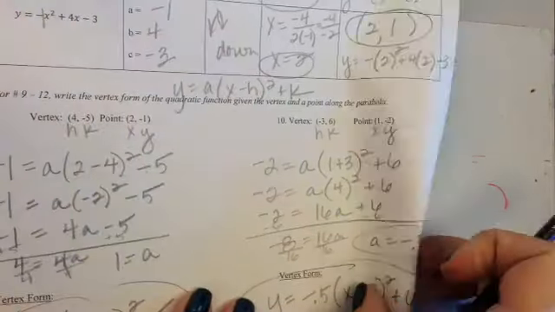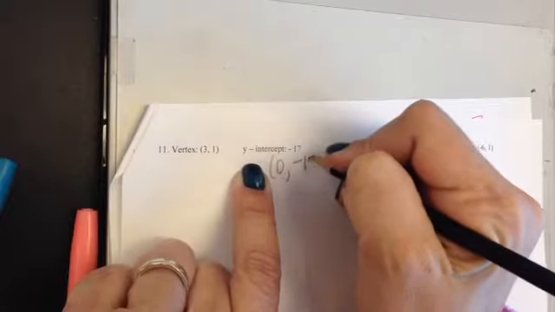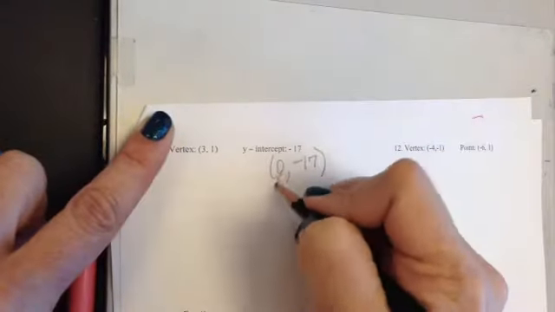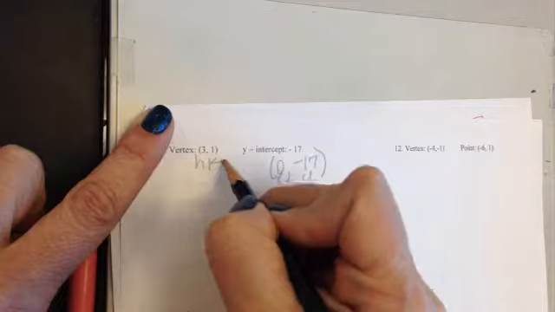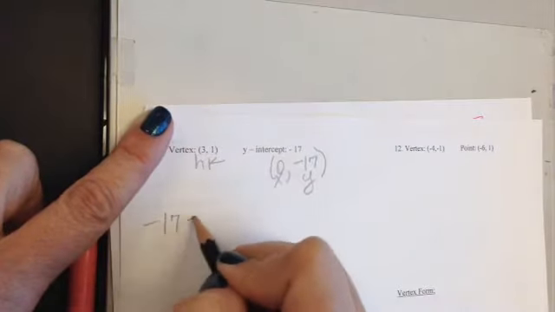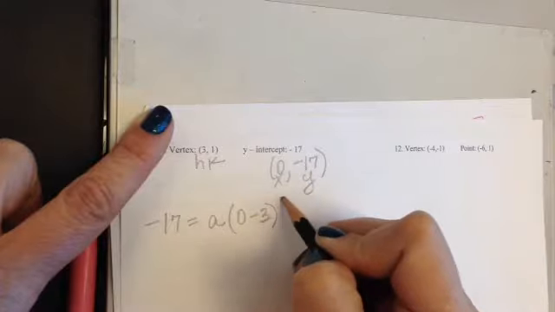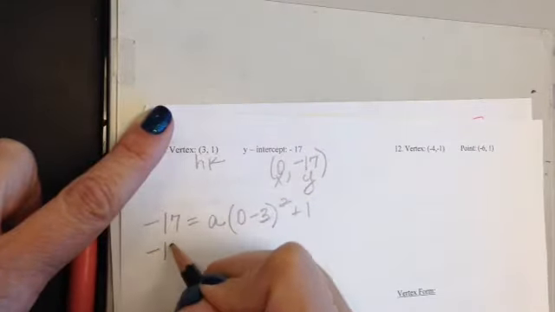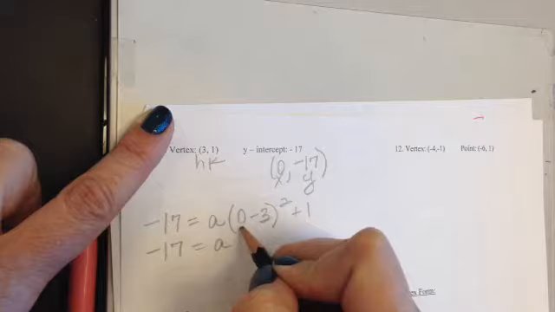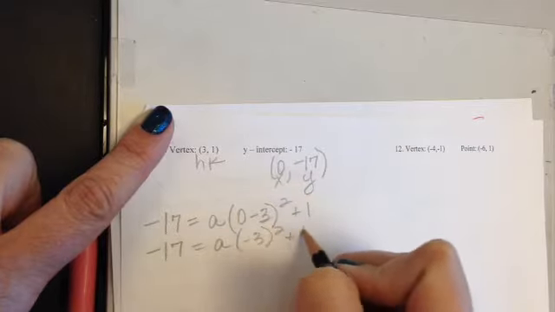2 more. Remember that the y-intercept is when the x value equals 0. So this is actually the point (0, -17). I'll use that for x and y. There's my h and k. Negative 17 equals the unknown a times (0 minus h) squared plus k. Negative 17 equals a times negative 3 squared plus 1.